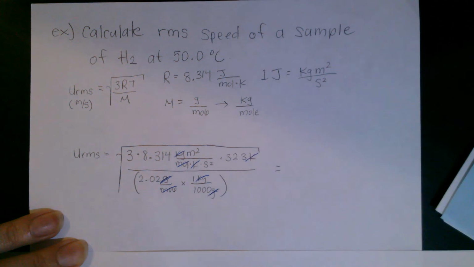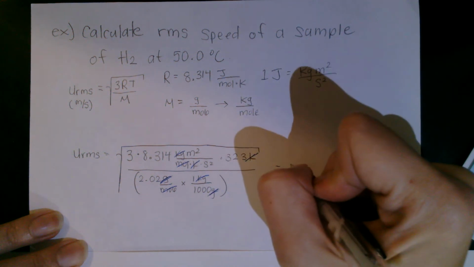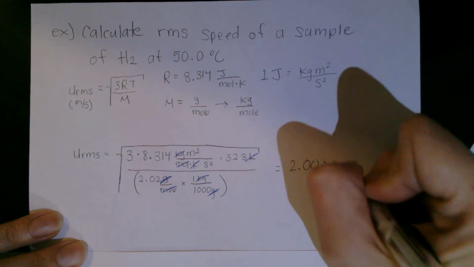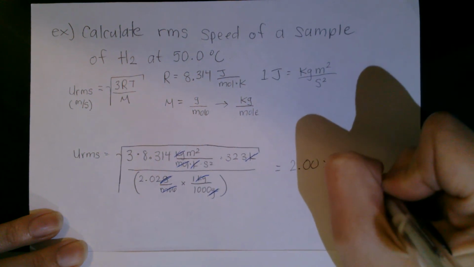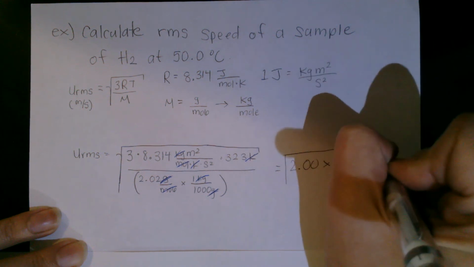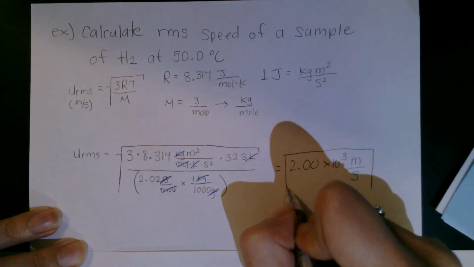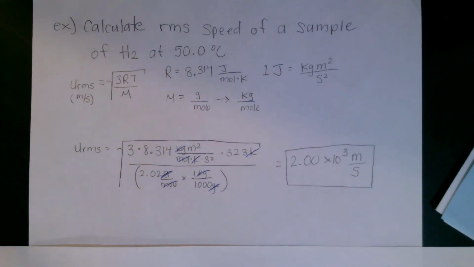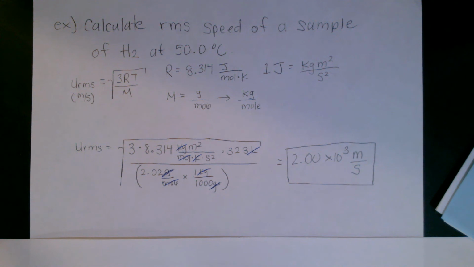Okay, so calculate. Punch this in your calculator. Make sure you come up with the same thing I did. 2 times 10 to the third meters per second. So the average kinetic energy of the gas particle, so the speed that those particles are going to have at the average kinetic energy of the sample, is about 2.00 times 10 to the third, or 2,000 meters per second.